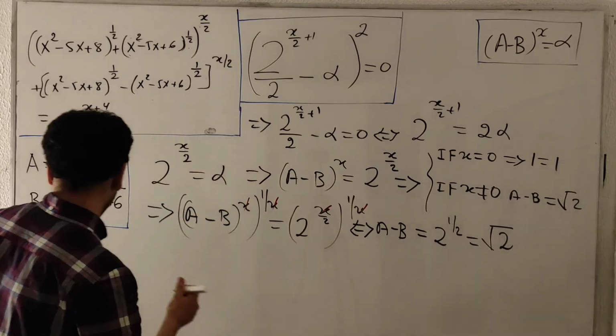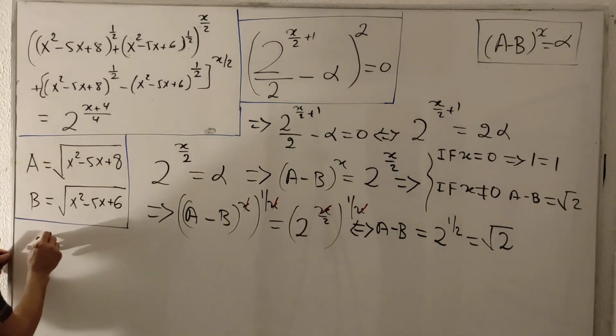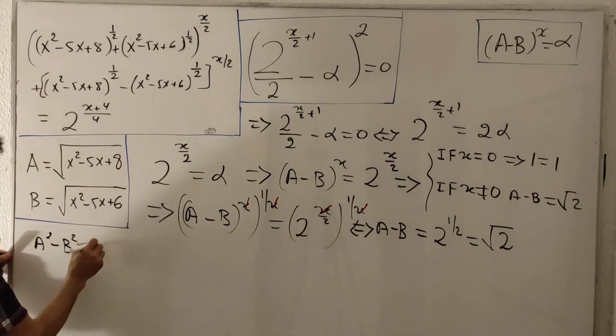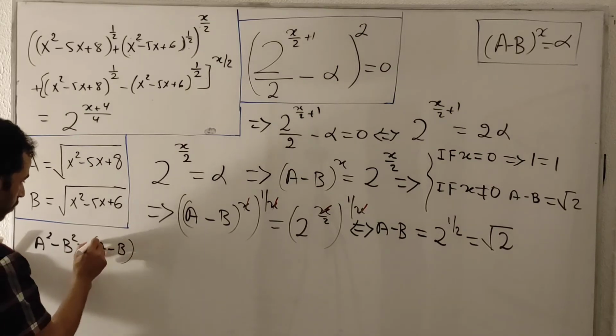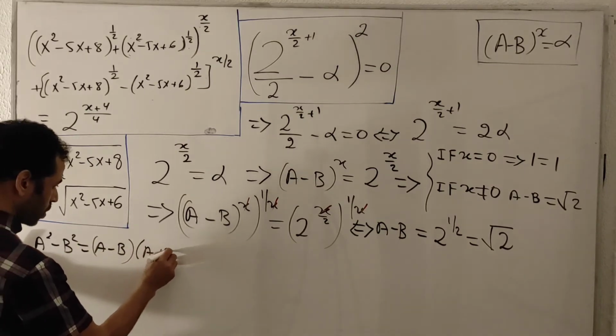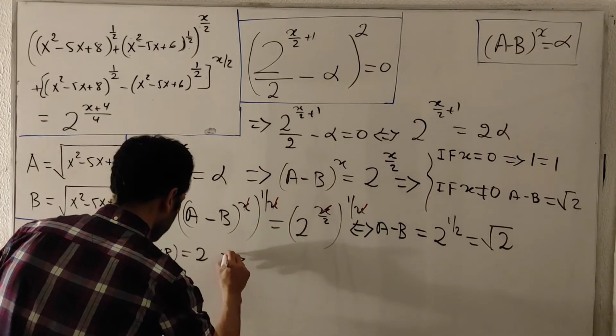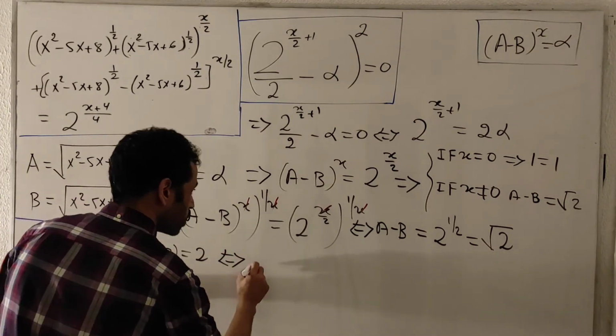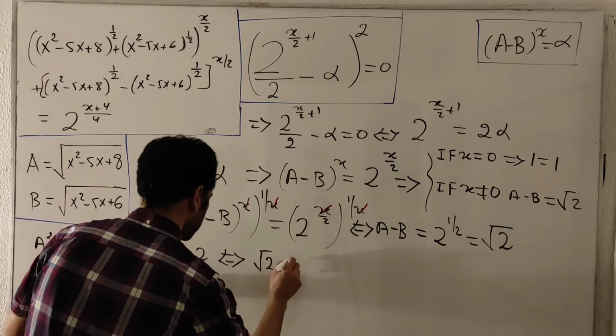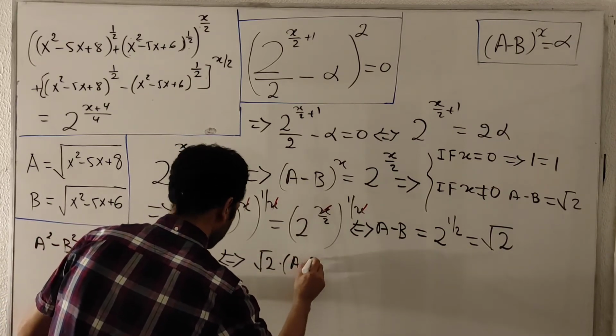Previously we had the product a squared minus b squared equals a minus b times a plus b. It was equal to 2. I will get a minus b, square root of 2, multiplied by a plus b equals 2.